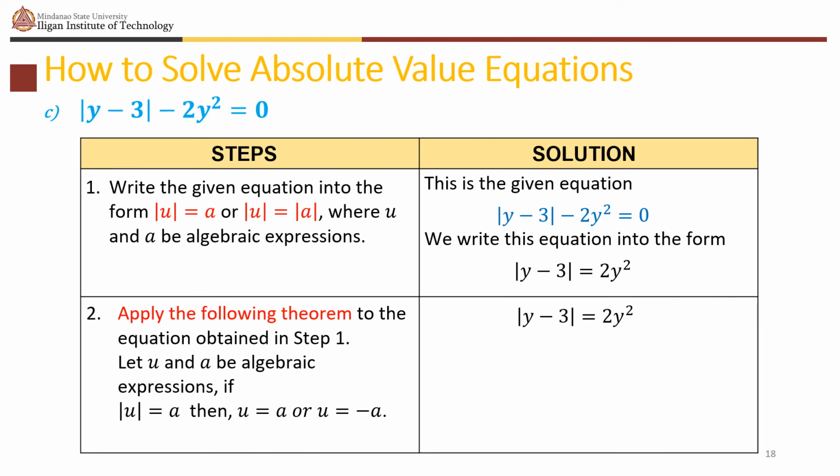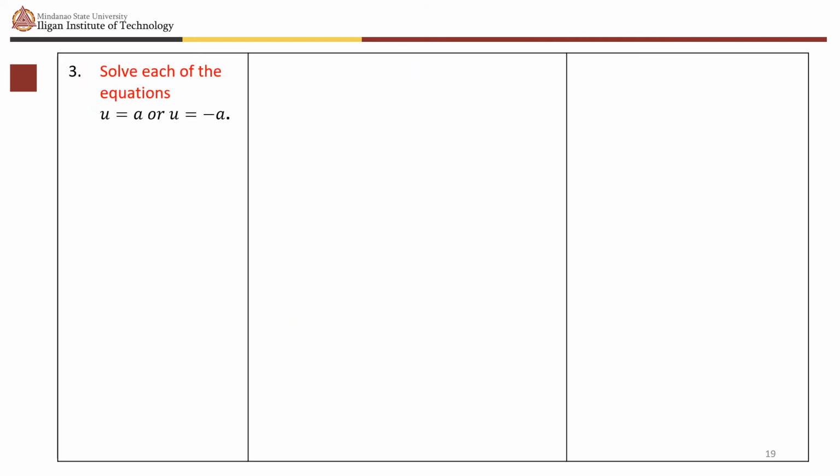So we can now write that one as, you have y minus 3, you get rid of the absolute value sign there, equals 2y squared, or y minus 3 equals the negative of 2y squared. And then solve each of the equations u equal to a or u equals minus a.